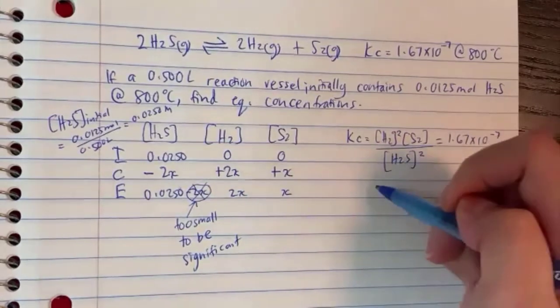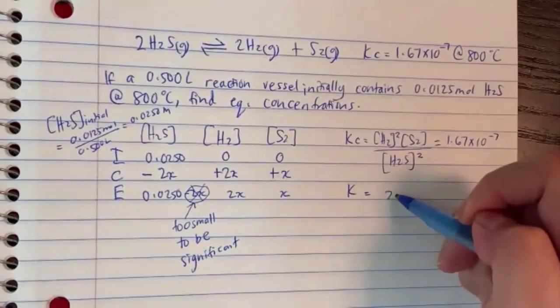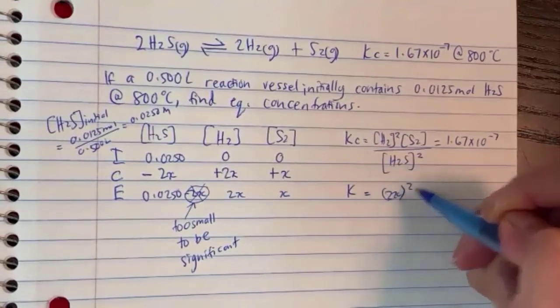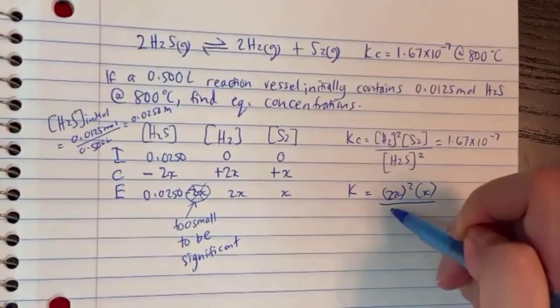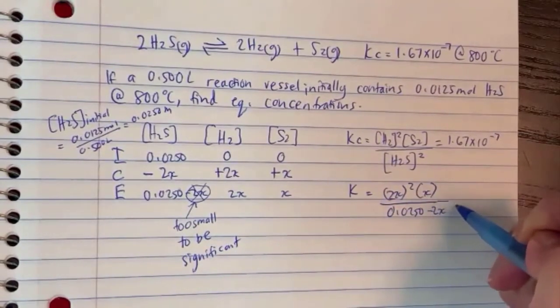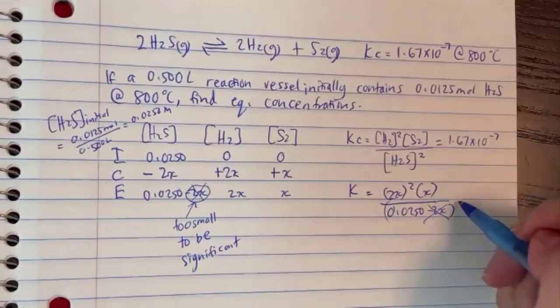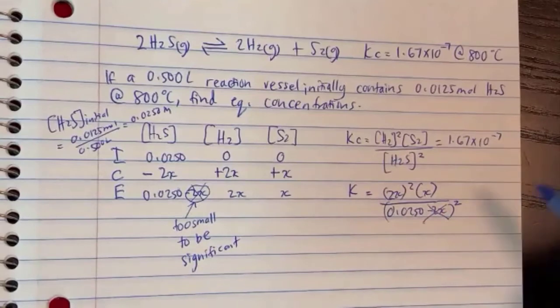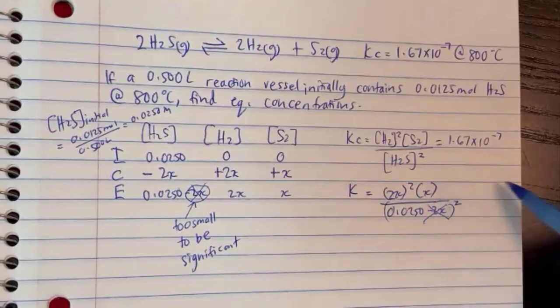So that means when you go to your K formula, you have 2x on the top, that's squared, x on the top here, and then 0.0250 on the bottom, and you had that little 2x here, right? But we're going to cross this little guy off and then square that. Can you imagine if you had to square the 2x and then you had x up here? The math would have been pretty crazy.